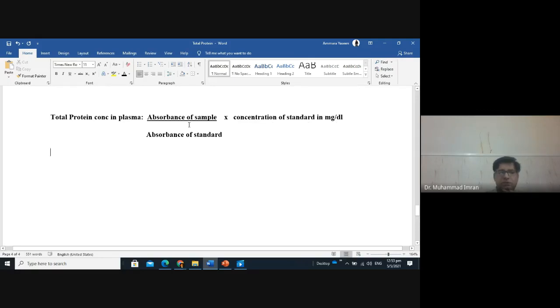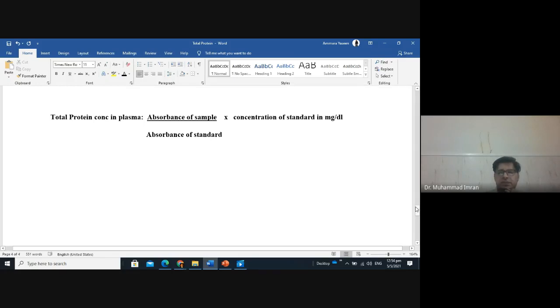Let's suppose the absorption of your sample is 0.1 and absorption of standard is 0.1. So the answer is 1, and the concentration of standard is 7 gram per deciliter. So the total protein concentration of albumin and globulin is 7 gram per deciliter or 70 gram per liter.